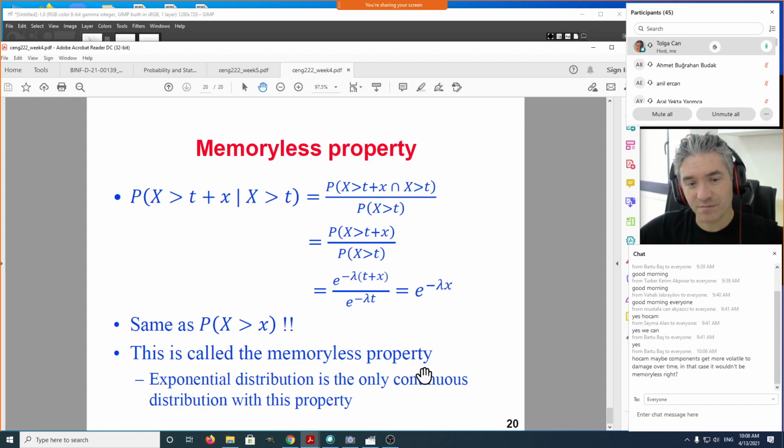So if time does not affect the distribution or the occurrence of the event itself, and it's still exponential with the same lambda, then you can think about the memoryless property. Otherwise, it will be different, right?